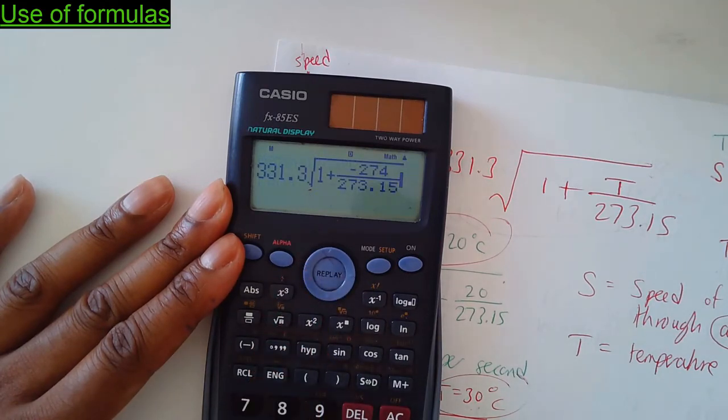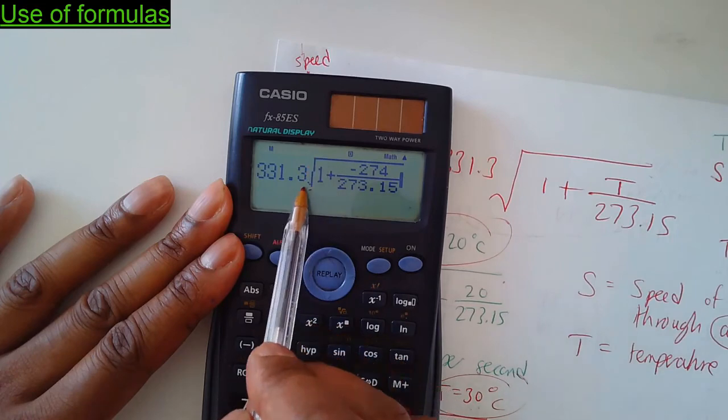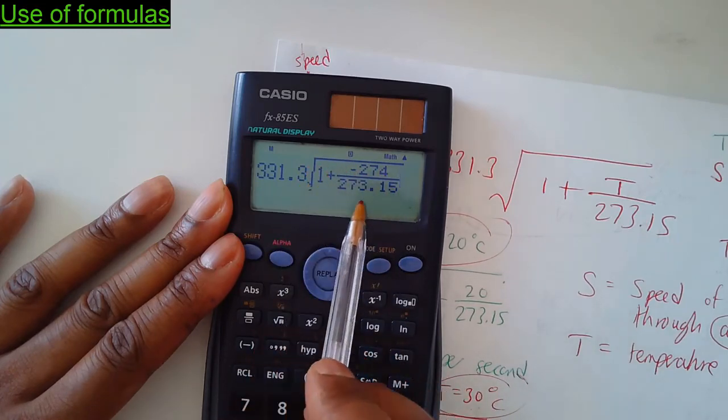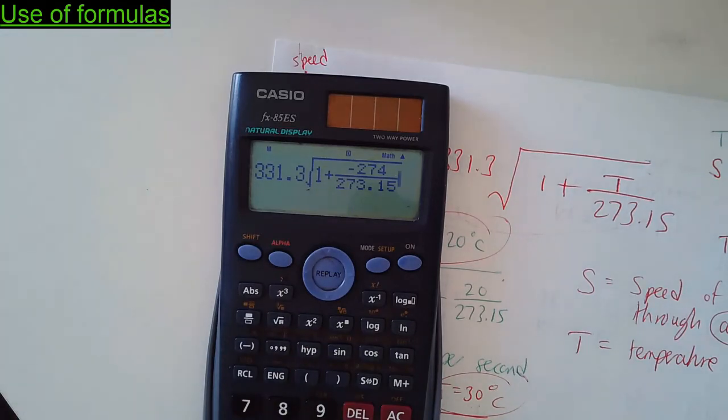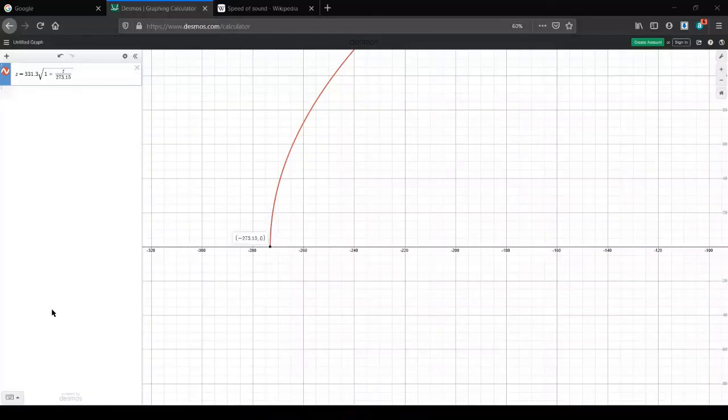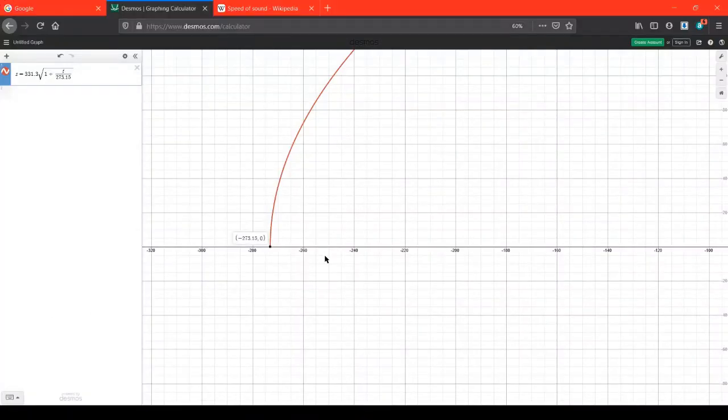The reason for that is because now the thing under the square root is a very small negative number. When you try to square root any negative number, you'll get that maths error. It's not possible. That is why, if you look at the graph again, this graph stops at a value of minus 273.15. It does not exist for anything beyond that.